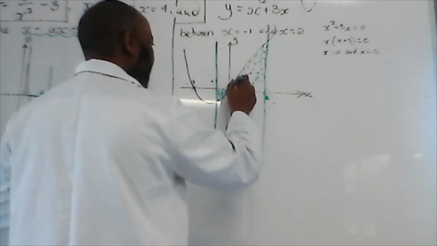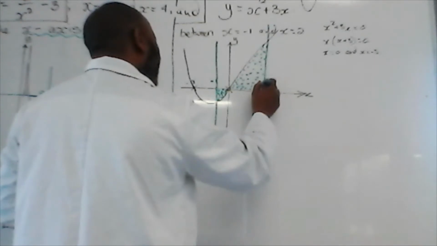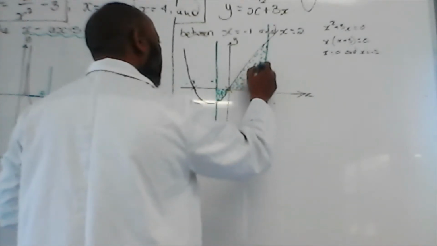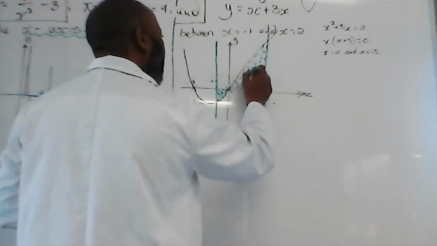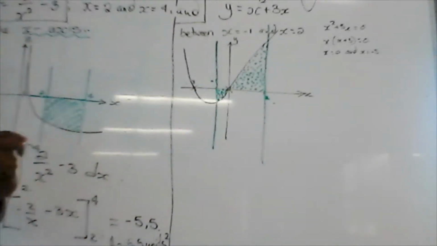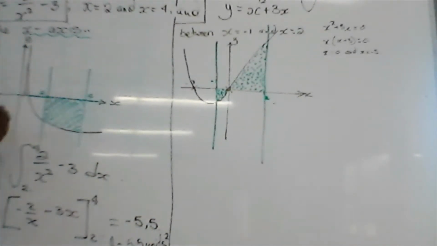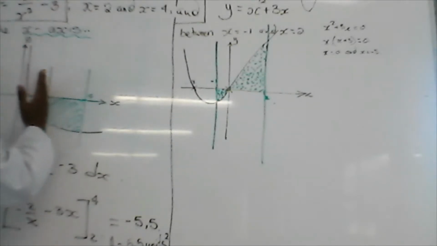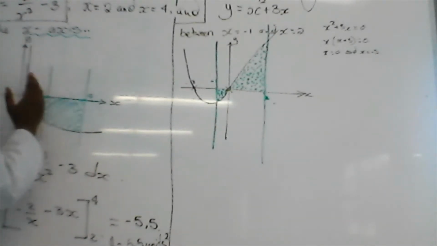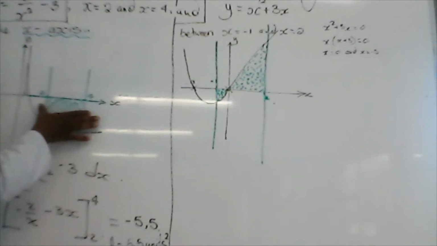I also have this area bounded by x equals 2 and the graph, which is there. Now, unlike the first example, in the first example I had two boundaries. My upper limit and my lower limit were both positive x.